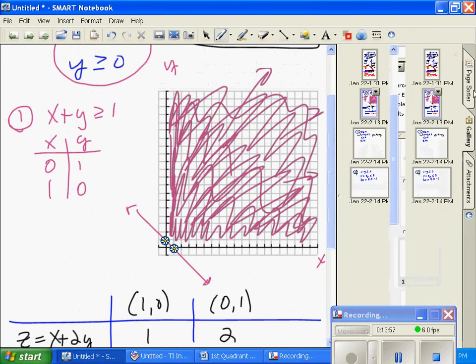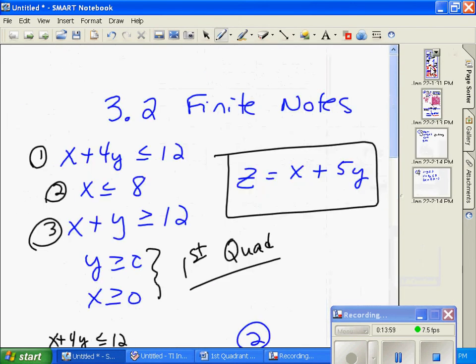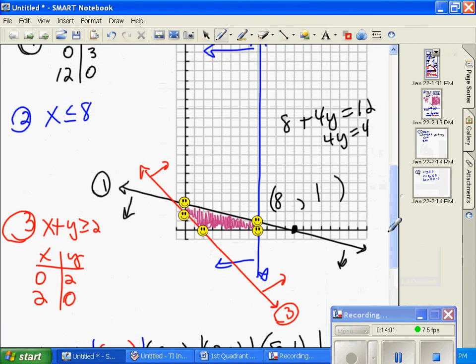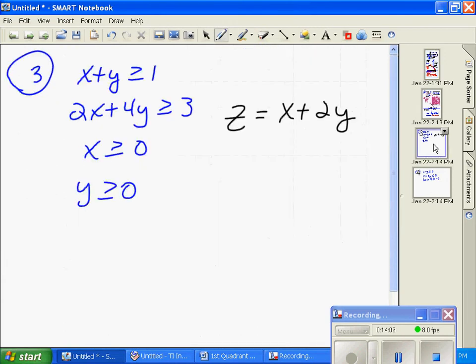That one and the one over here. These are our feasible regions, our shaded areas. And so we're just going to be finding the vertices of those shaded regions, and that will be what we plug into our optimization equation, and we can either find the maximum or the minimum. The optimal value, that's a max or a min.